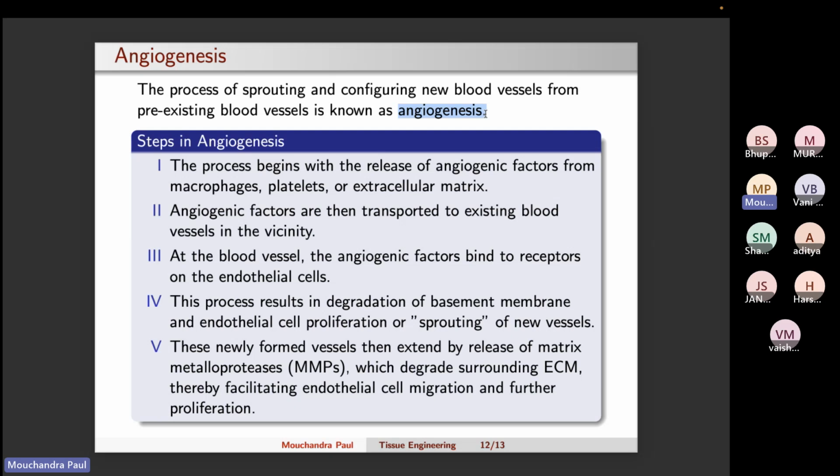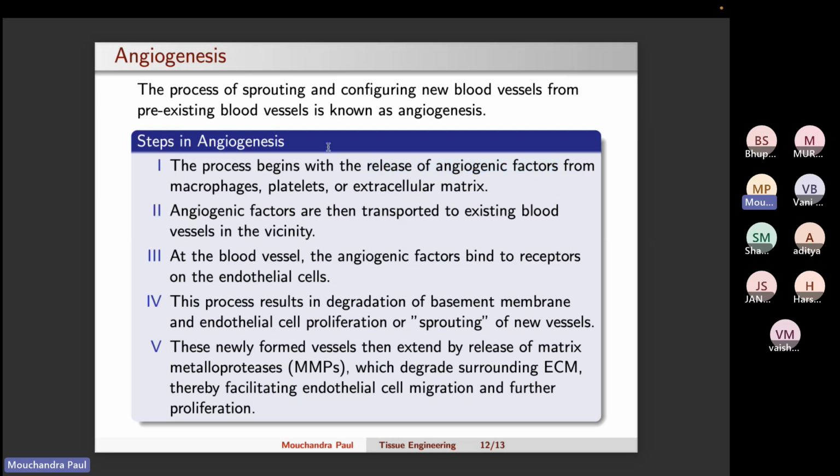So what steps are there in angiogenesis? It is actually a very simple process, you will see. This process begins with the release of angiogenic factors. These are basically growth factors, and since these factors initiate the angiogenic process, they are called angiogenic factors.